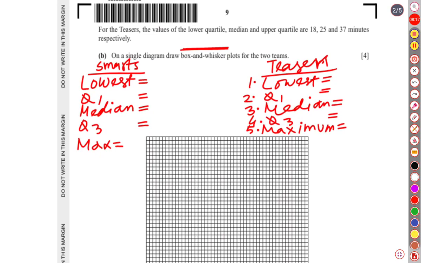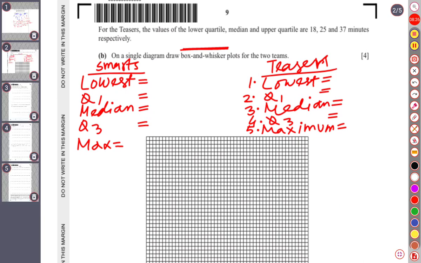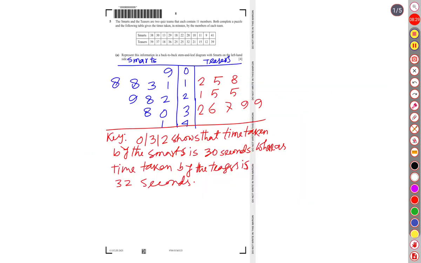Let us see what the lowest value, quartile 1, median, and quartile 3 of smarts are. We'll have to go back to the previous page. On the previous page, our lowest value is 9. This is the lowest for smarts. Then lower quartile: the total number of members in each of the teams is 11, so there will be a total of 12 to count.